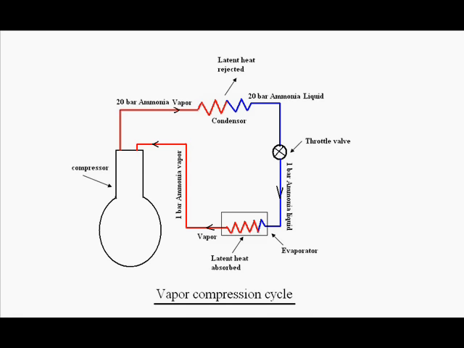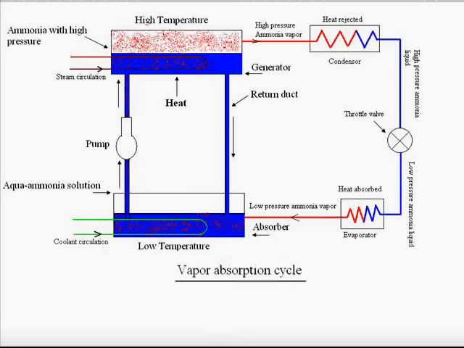In the beginning of the lecture, we already discussed the property of aqua ammonia solution, and we know that ammonia is also a sort of refrigerant. Now let us use this property of aqua ammonia solution for developing refrigeration effect via the vapor absorption cycle. We have to do nothing but replace the compressor with a generator absorber system.